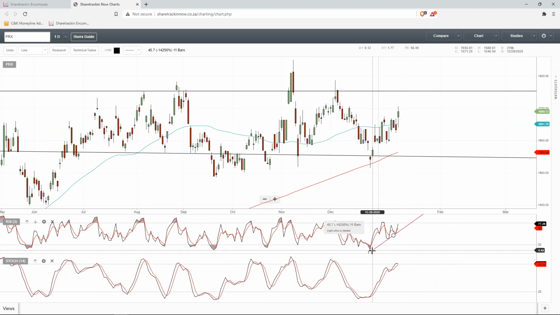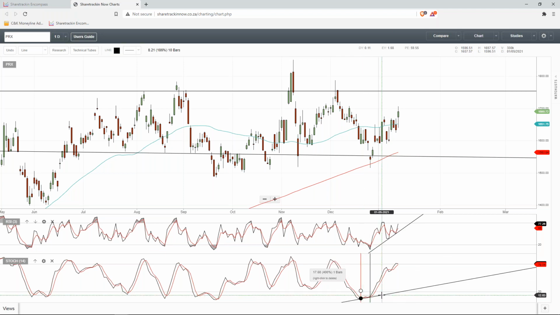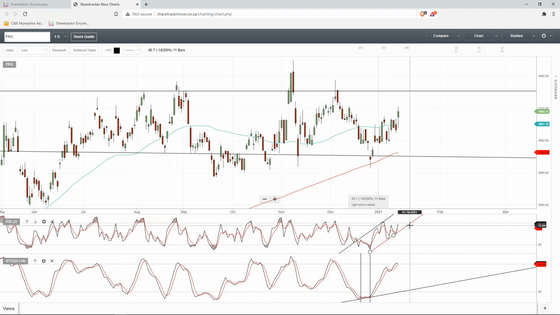If you look at this point and this point, yes, it's higher lows, so it's got that converging trend. Over there it had a strong converging trend. But I would say it's a bit late, because it's already too high to buy. It's already close to the 80.